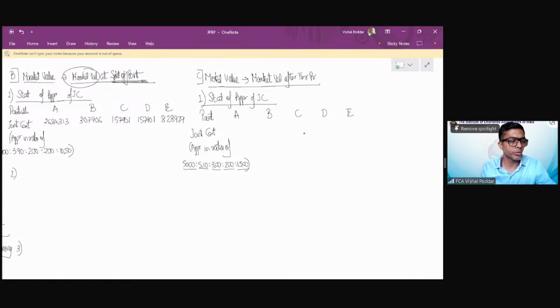I know you can reduce it. That is your choice. I always prefer keeping things simple because when I go to reduce it, even if I make the smallest error, it will create disaster because my entire question will go wrong. So that is why I prefer keeping it whole.